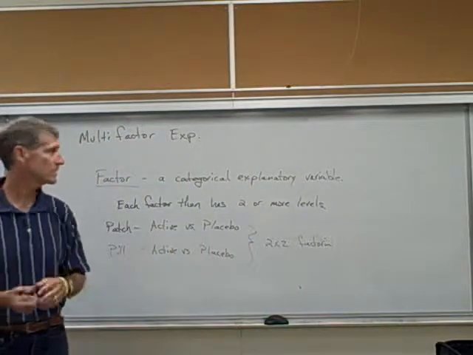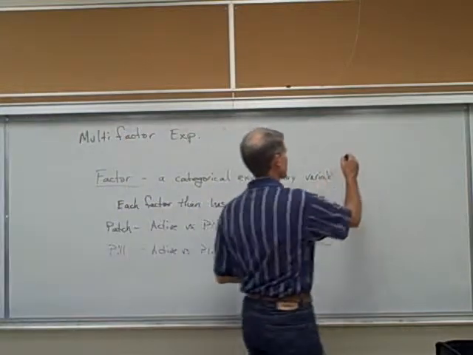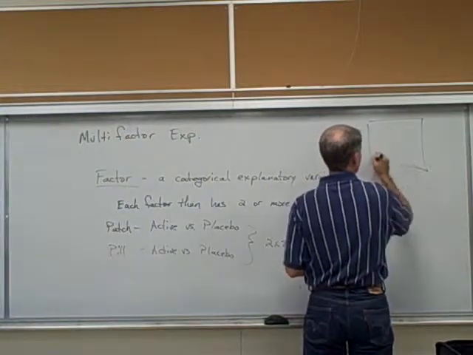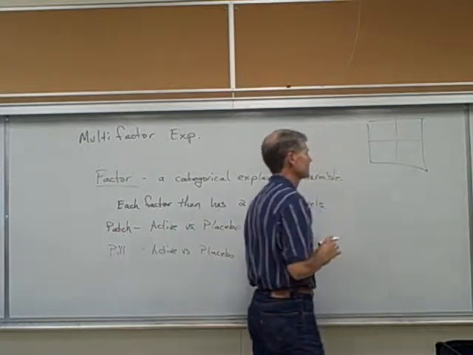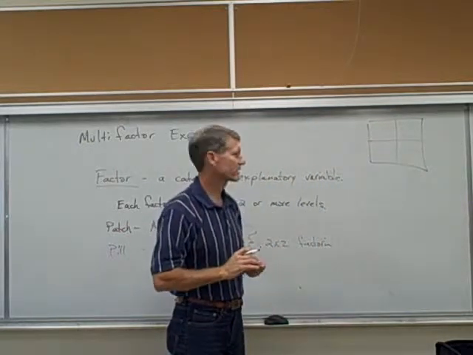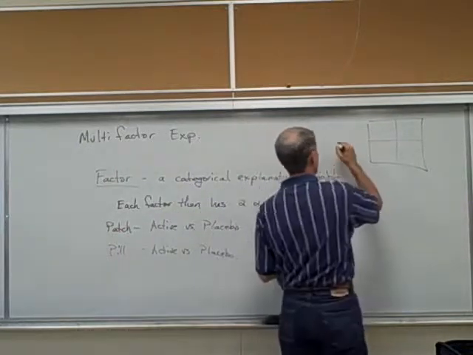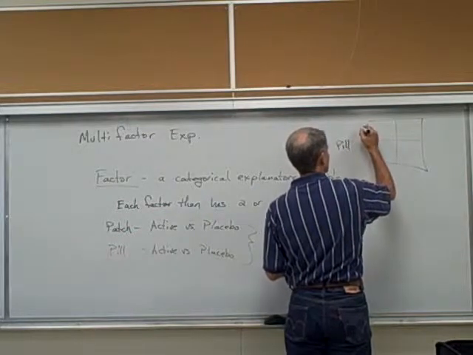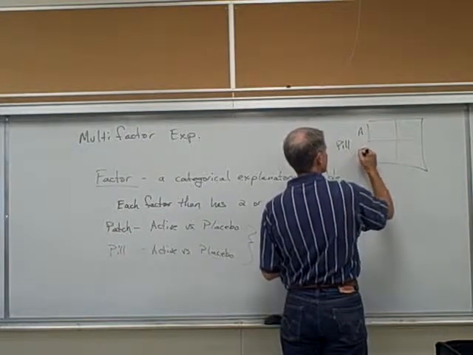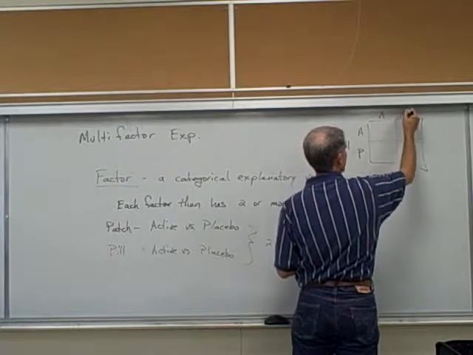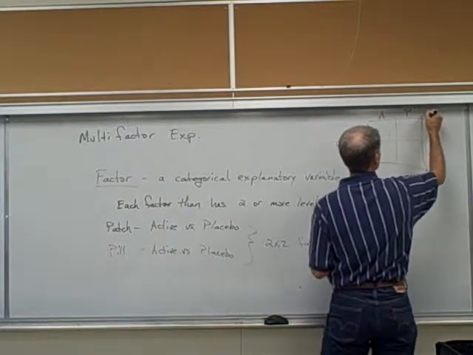What I do, you can think of drawing it almost like a contingency table, only it's not counting people that answer a certain way. It's just where did they get randomized? And I do pill, active, placebo, and then patch, active, placebo.